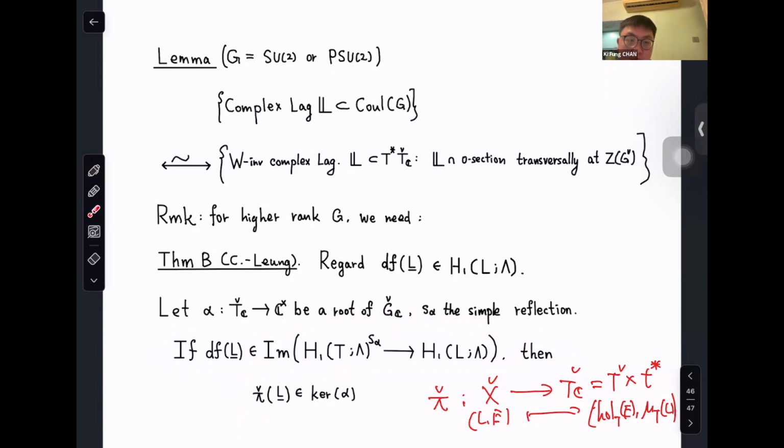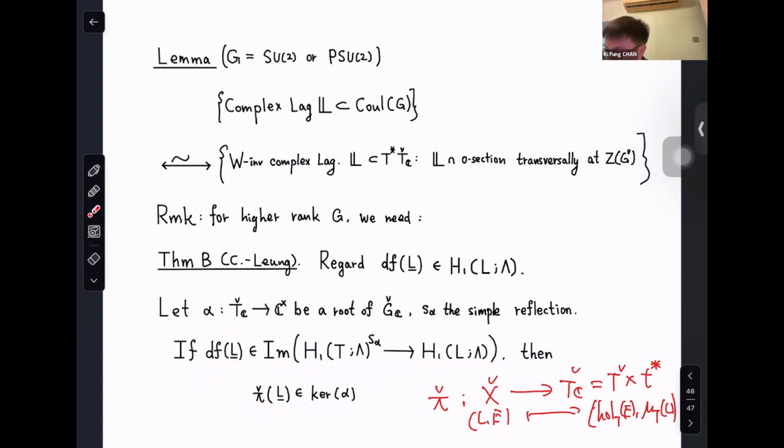In fact, Theorem B recovers Theorem A, because in Theorem A we assume the Floer cohomology does not vanish, and under some condition this is equivalent to saying that DF is equal to 0. When DF is equal to 0, it is contained in that image for any alpha, so pi check has to be in the kernel of alpha for any alpha.